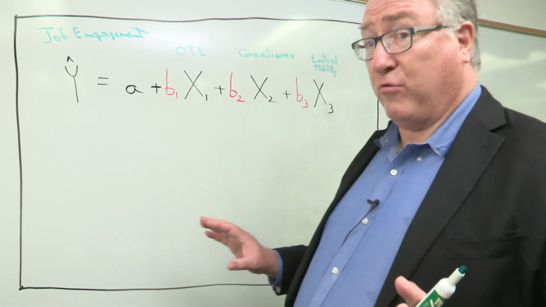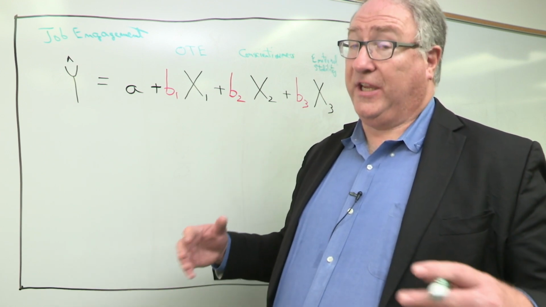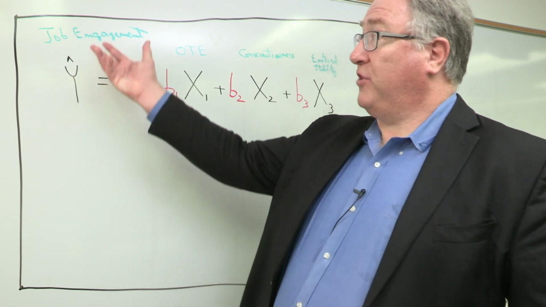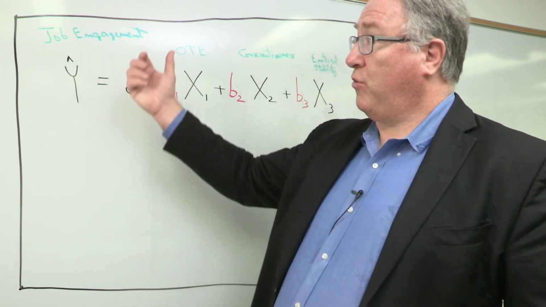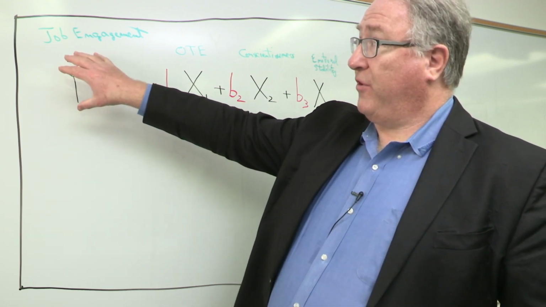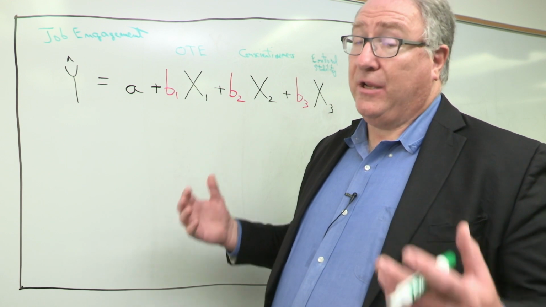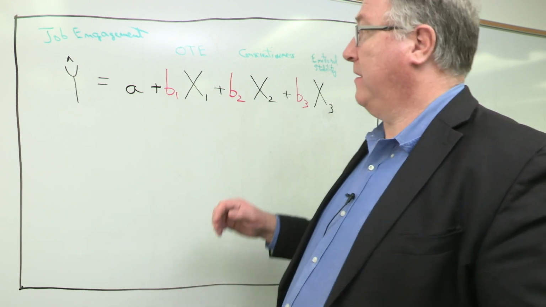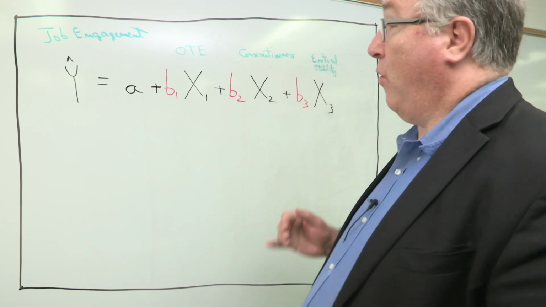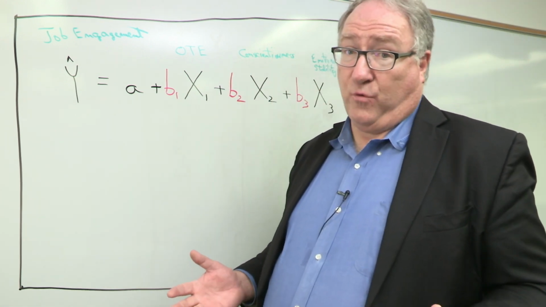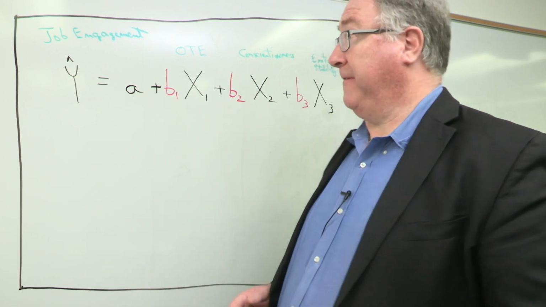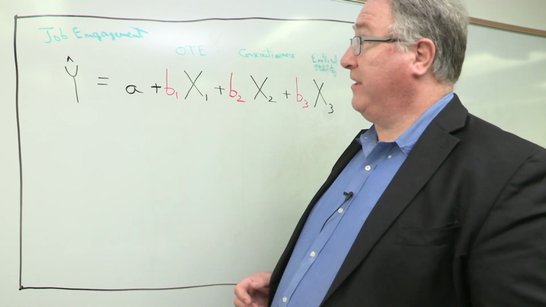All right, so that's what we're basically doing: seeking to understand one's level of job engagement, in terms of higher scores and more moderate scores and lower scores on our outcome variable measure of job engagement, in terms of these different personality factors, or important aspects of one's personality. So that's what we're seeking to do here.